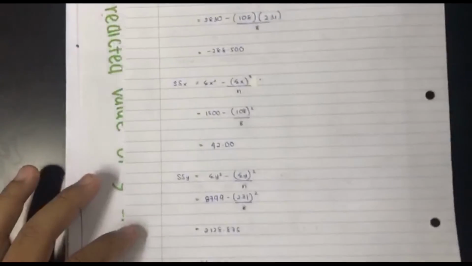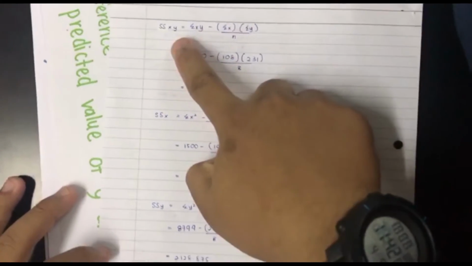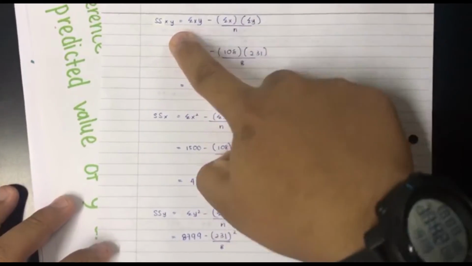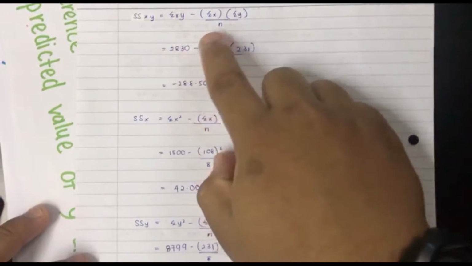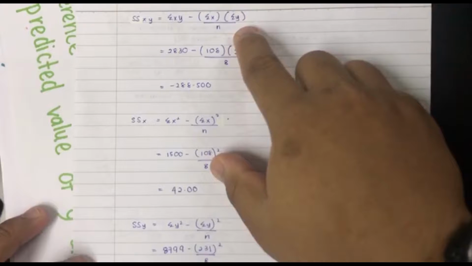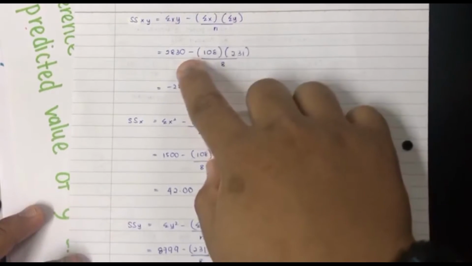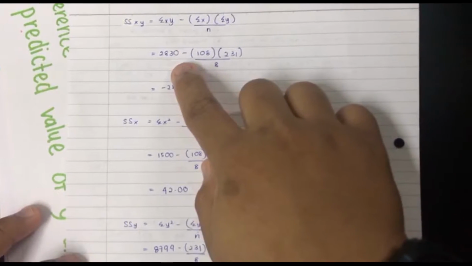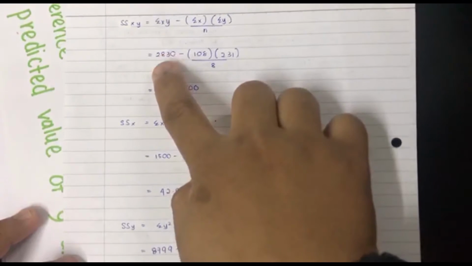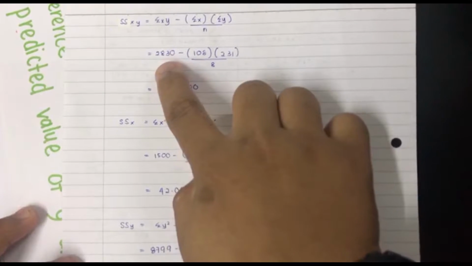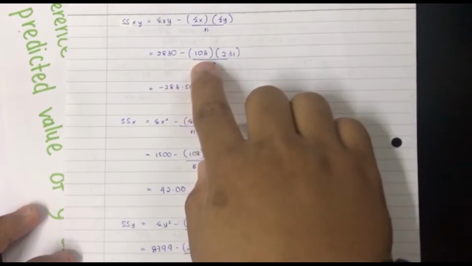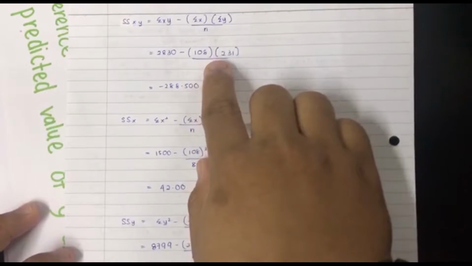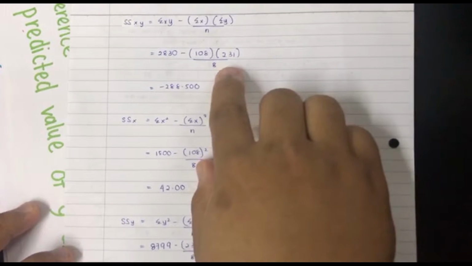To calculate the r, we must know the value of SSxy using the real equation. So use the values that we got just now, which is 2830 minus 108 multiplied by 231 divided by 8.